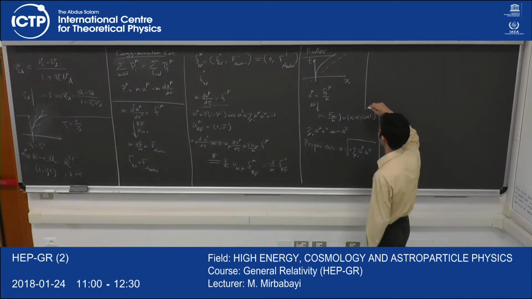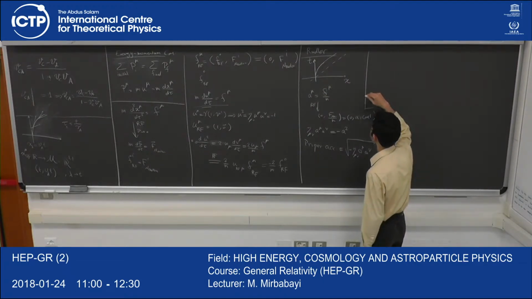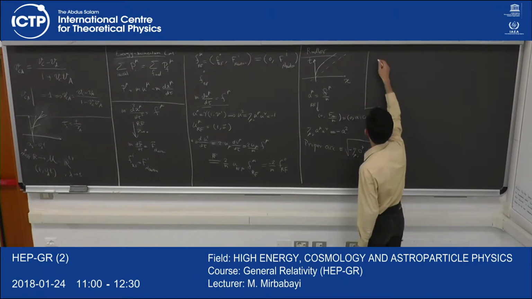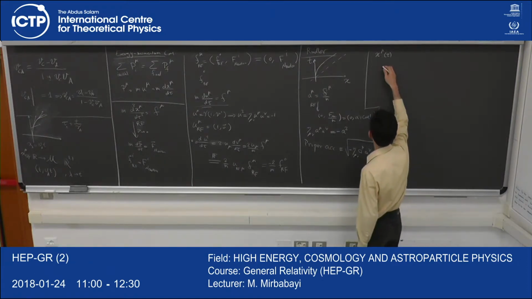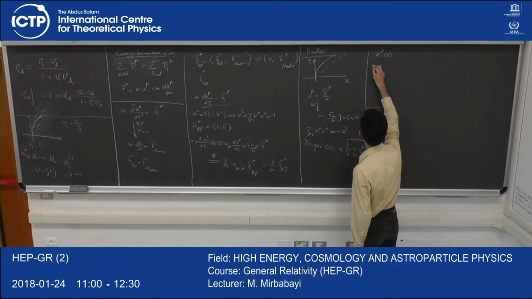Okay, so basically the question is that we want to see what is x mu of tau. So let's imagine at some moment it has reached the velocity v.